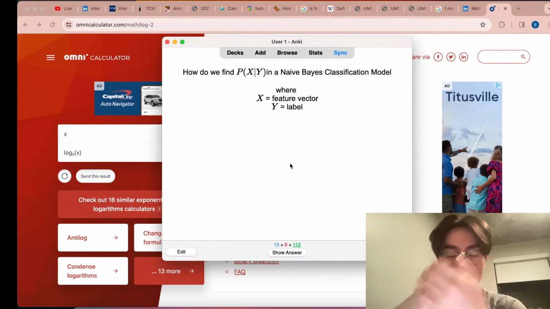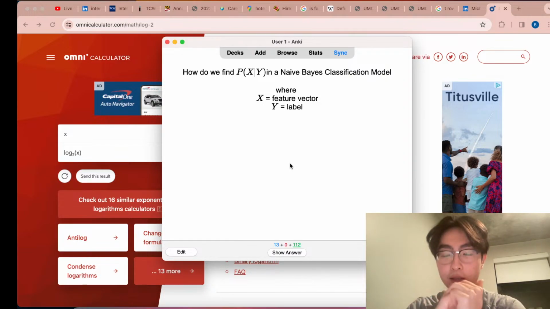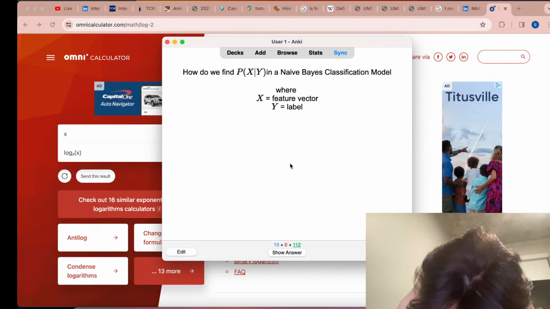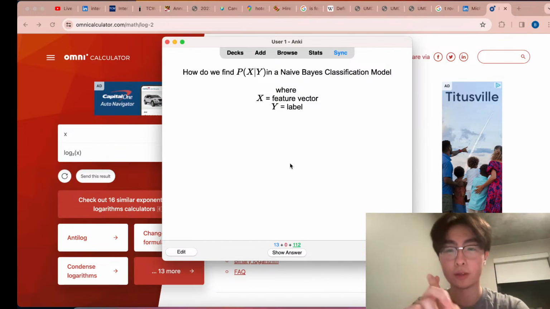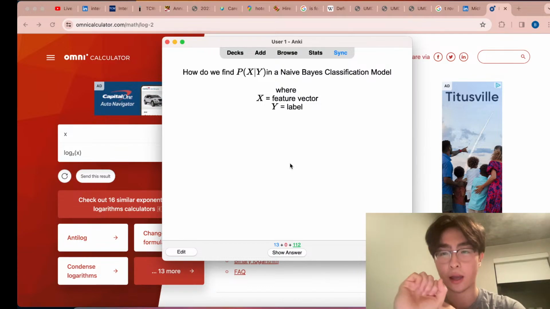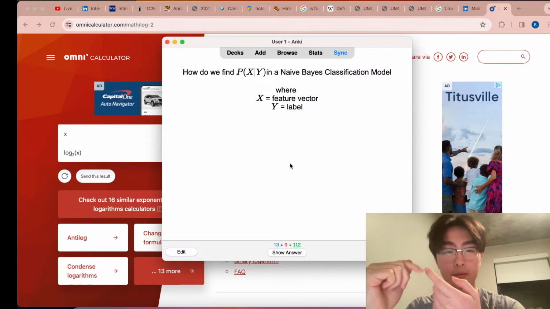Usually we're given some type of data set, and within that data set we'll have labels. So it's going to be a supervised learning model, because we have labels and we're training. But in this case, the naive Bayes classification model doesn't have a real training stage. All we're doing is computing probabilities here.